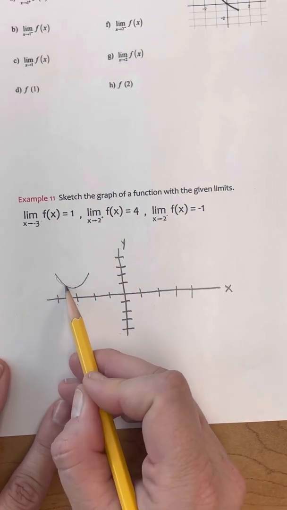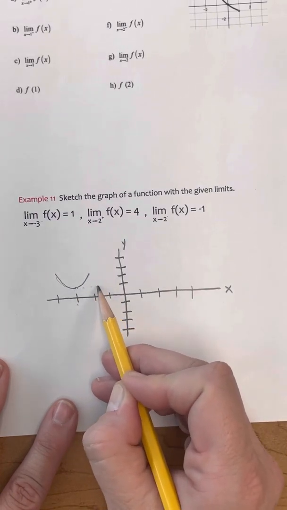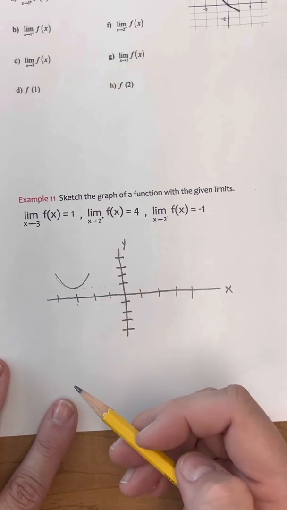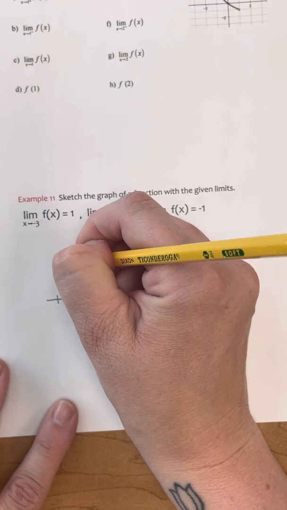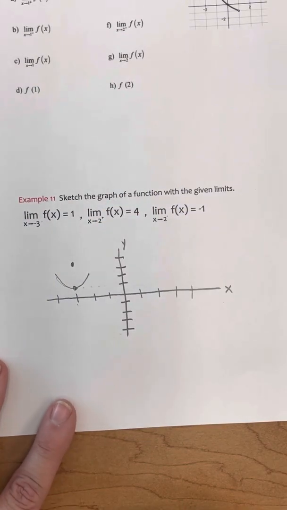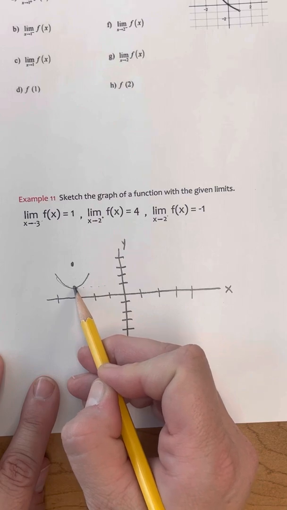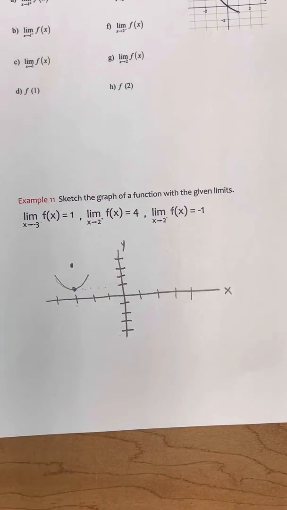If I approach it from the left, if I approach it from the right, both of those are giving us a y value of 1. So that could be something I could do. You could even put a hole here and then put a random point someplace else, and that would be okay, because even approaching it from the left and approaching it from the right, we would still have a y value of 1. So you have a couple of options for what you could do there.